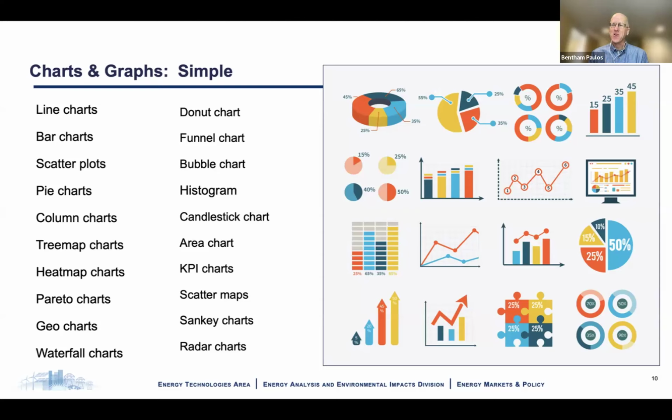Actually, there are so many more. I'm sure there are some I'm not even familiar with, but this is a partial list. Most often we use line charts, bar charts, pie charts, but there are many other clever ways to do data visualization, and they're increasingly built into some of the most common tools for creating charts.